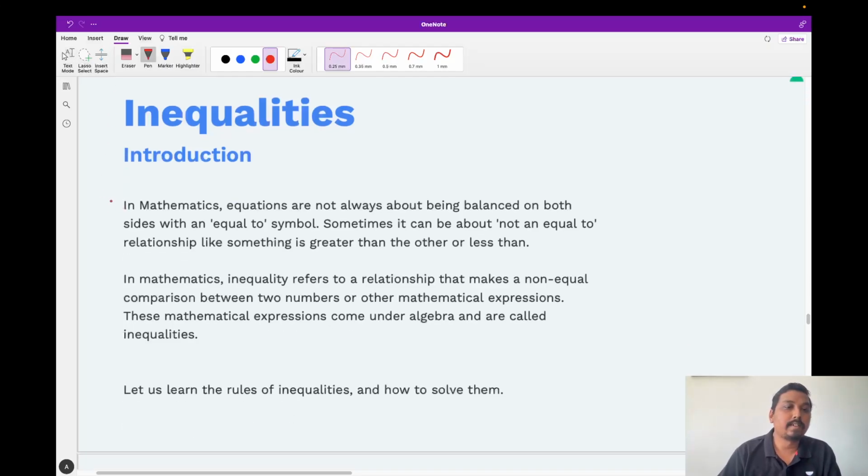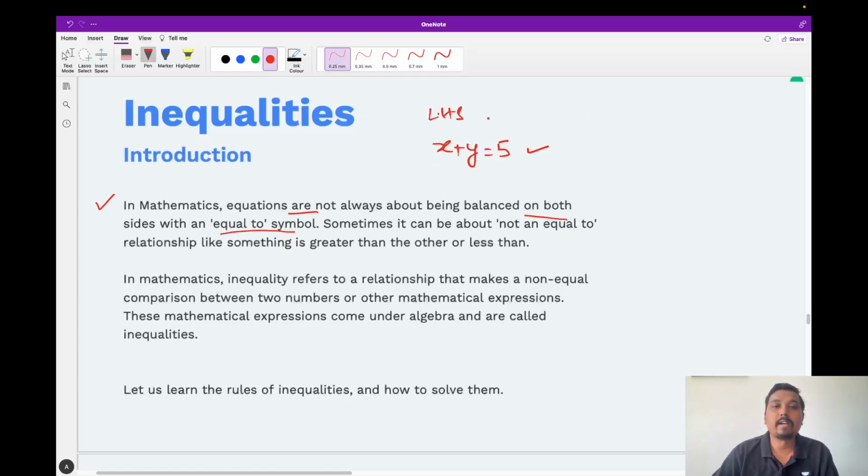So just now, whatever I was discussing in mathematics, equations are not always about being balanced on both sides with an equal to symbol. Sometimes it can be that LHS is not equal to RHS.